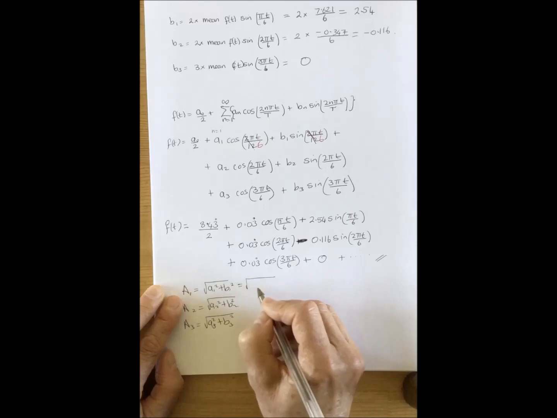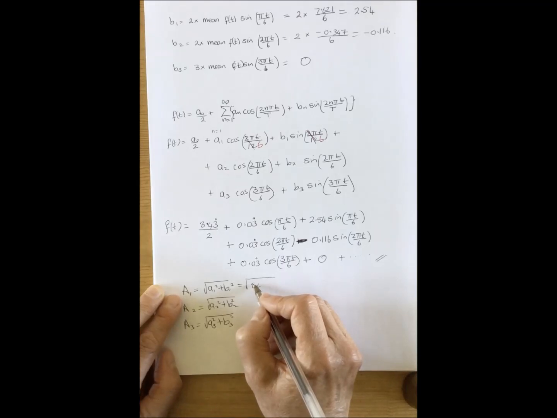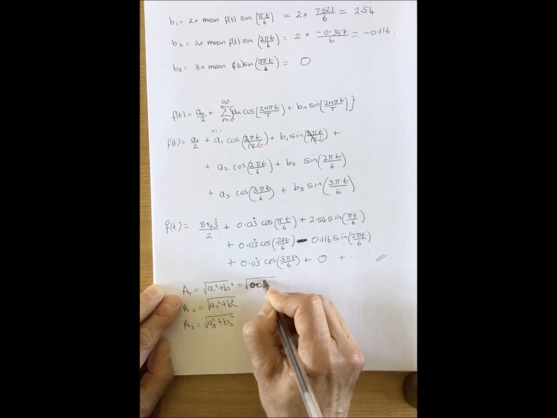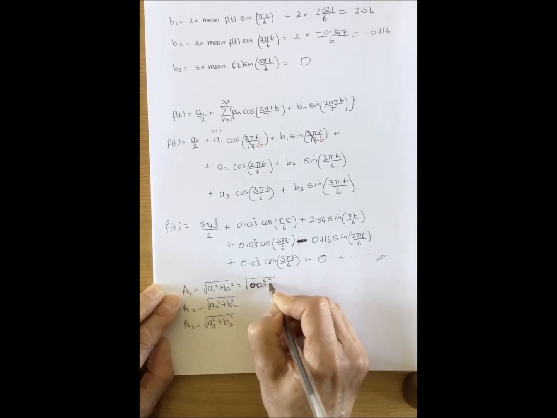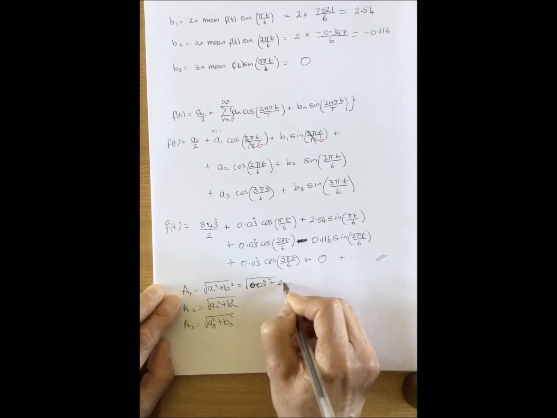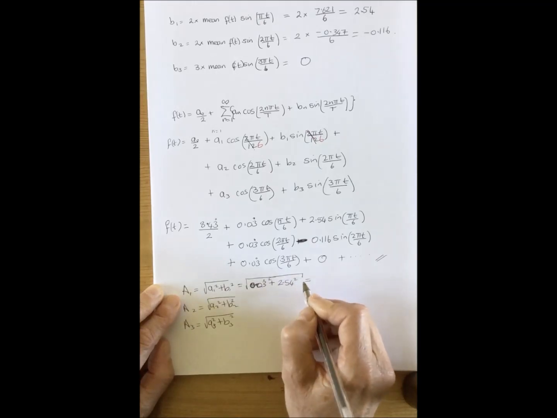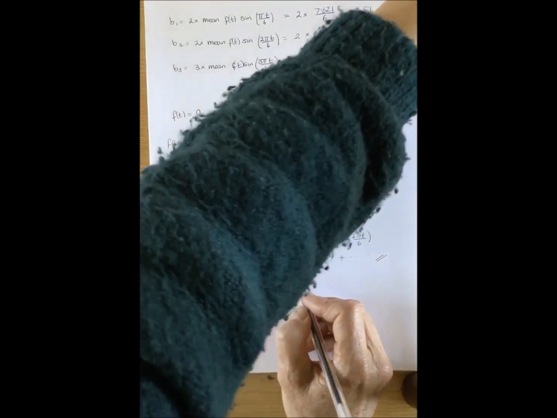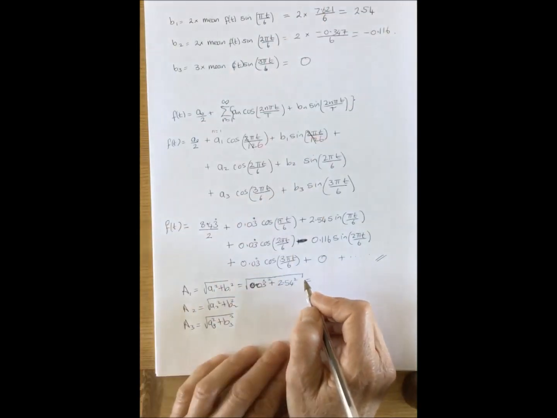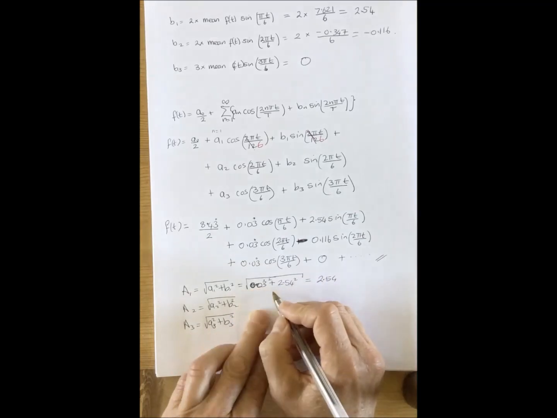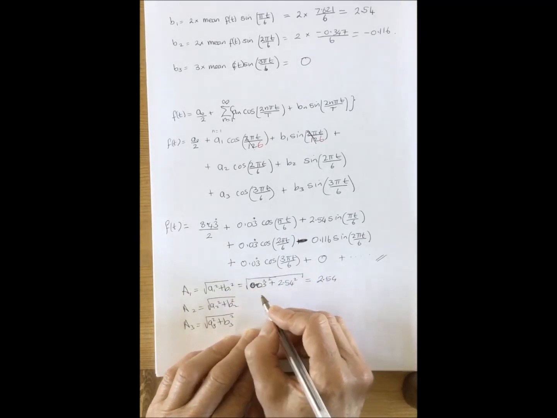So in this case, A1 is the square root of A1 squared plus B1 squared. For A1, what do we get? Not 8, that's A0. A1, we got 0.03 to infinity squared plus B1, 2.54 squared. I worked that out earlier as 2.54. The 0.03 squared makes very little difference.